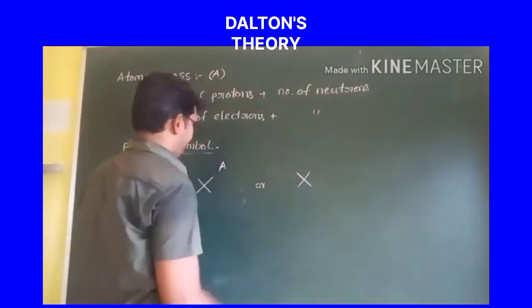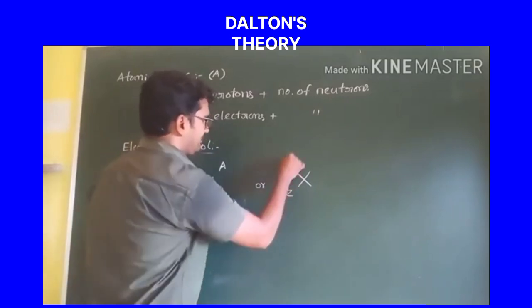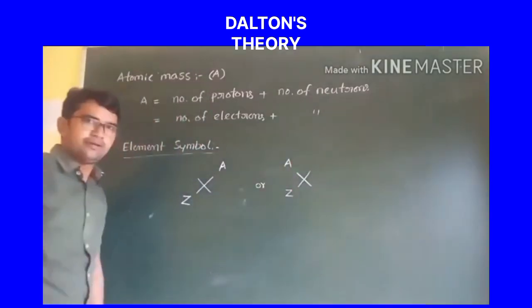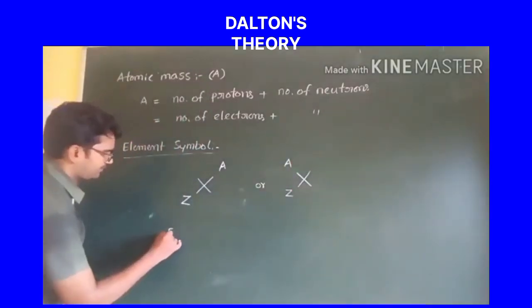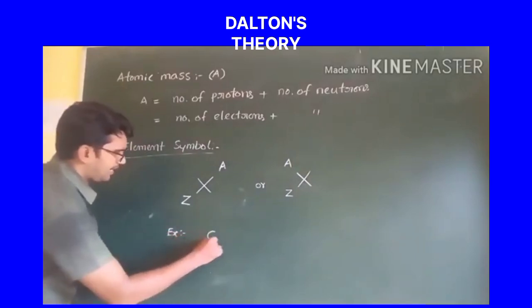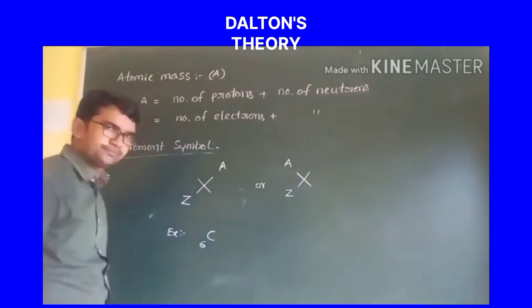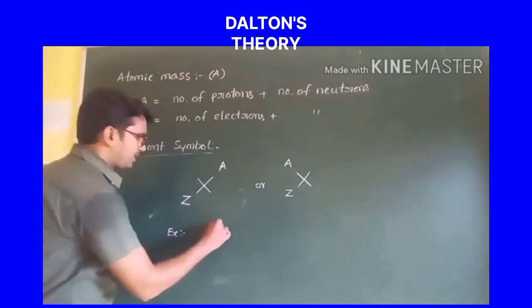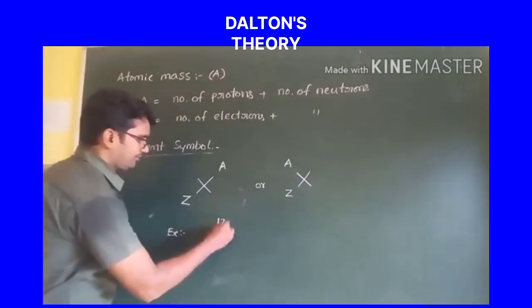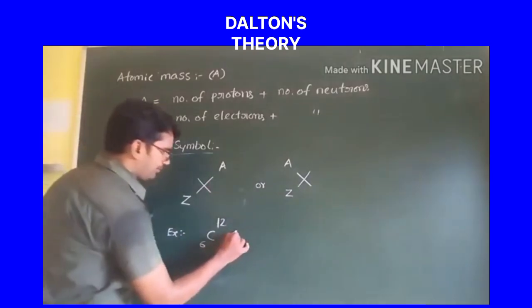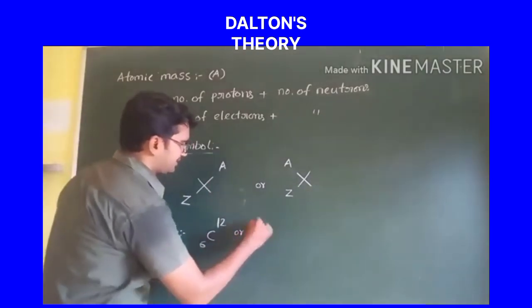Best example for this one, carbon. Carbon atomic number is 6 and atomic mass or mass number is 12. Or also write like this, carbon 6, 12.